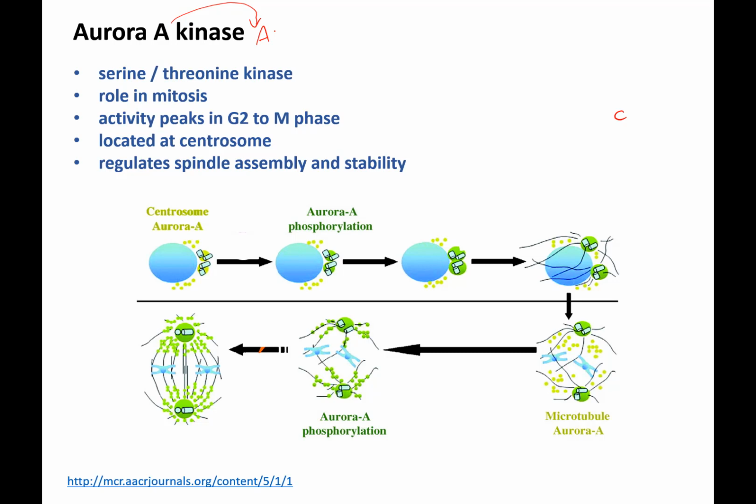Aurora kinase A is important in mitosis. It's located at the centrosome. So remember, the centrosome is where the spindle fibers come from. So Aurora A is very important in spindle fiber formation, assembly, stability, and therefore important for cell division.